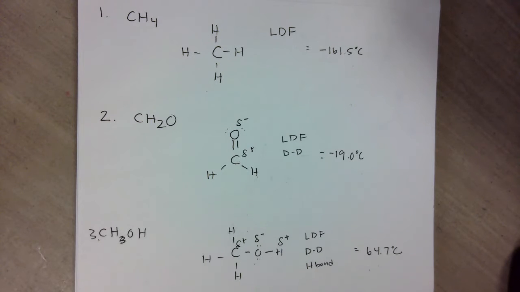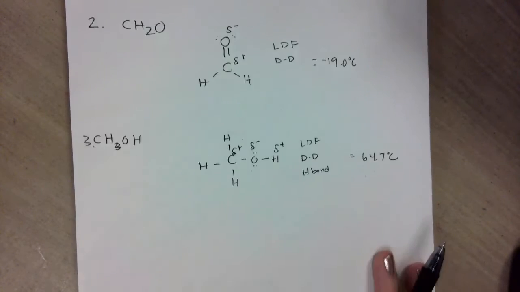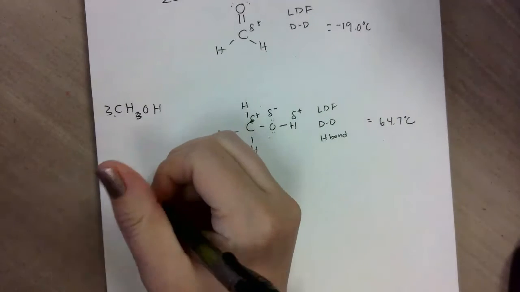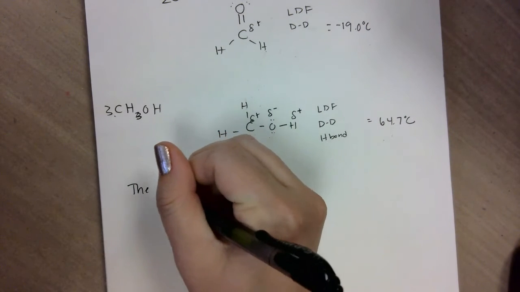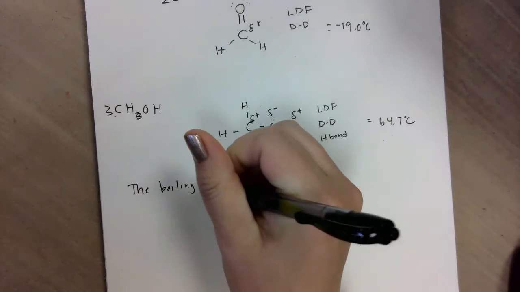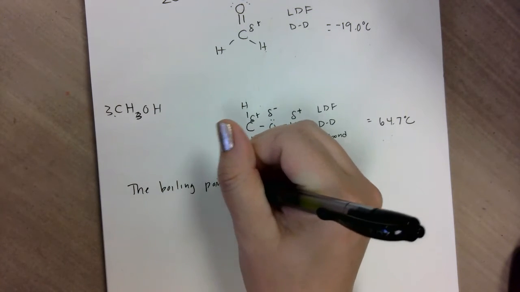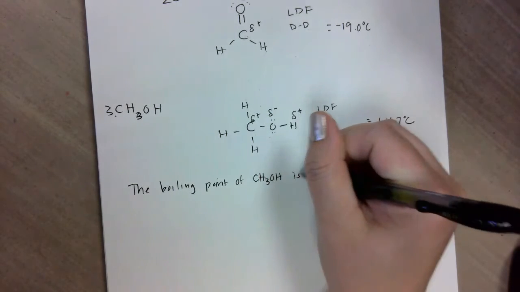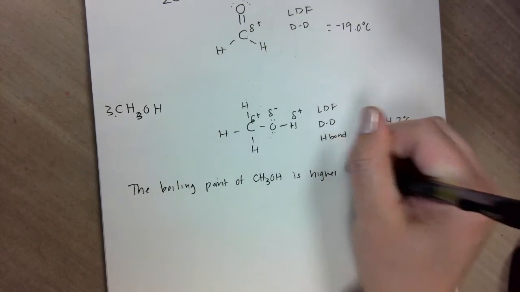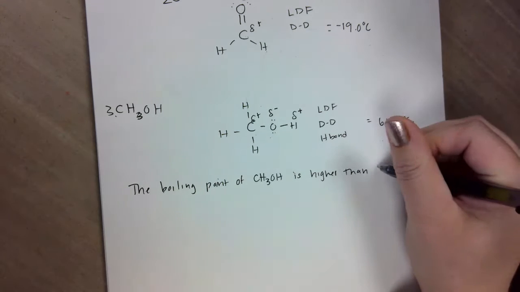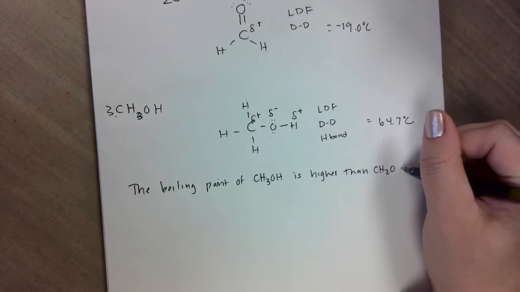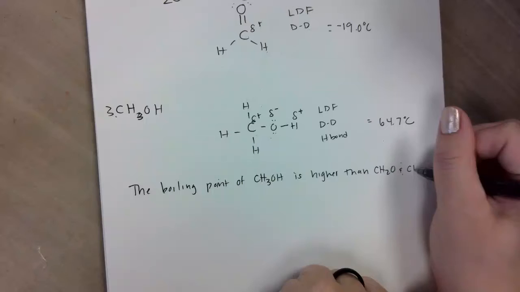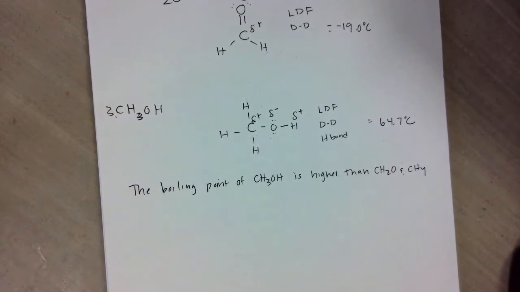So what we need to discuss in our explanation is what's causing this to happen. What I'm going to say is that the boiling point of CH3OH is higher than CH2O and CH4. Sorry, need to take a drink.